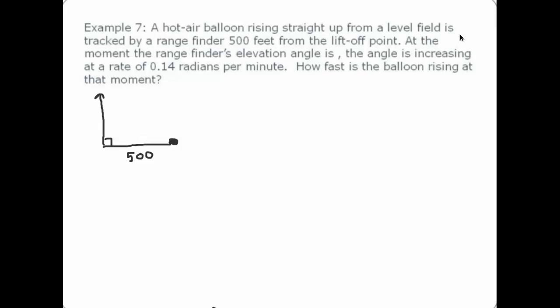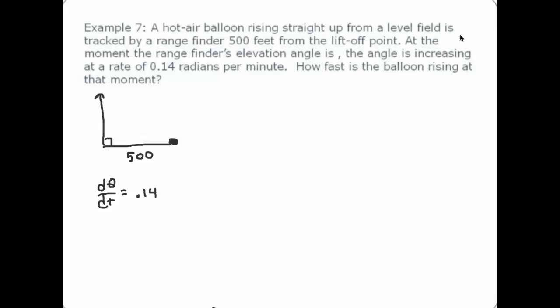It said at the moment the rangefinder's elevation angle is changing at a rate of 0.14 radians per minute. So what that means is we are being given d theta dt. If you're given radians per minute, that is representative of d theta dt. So d theta dt is equal to 0.14.